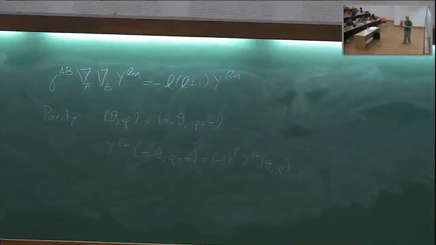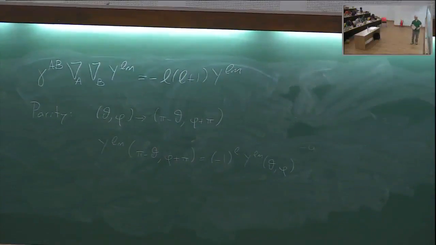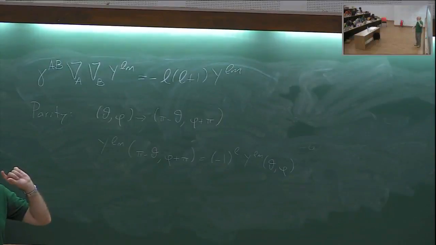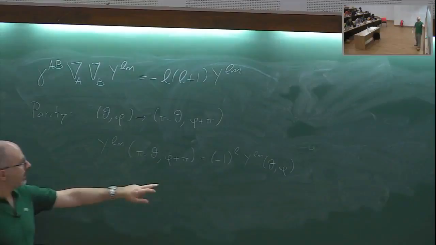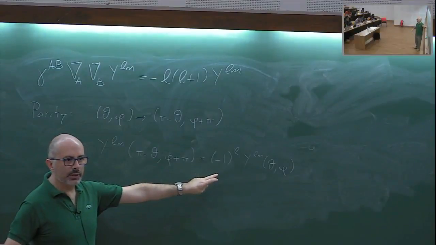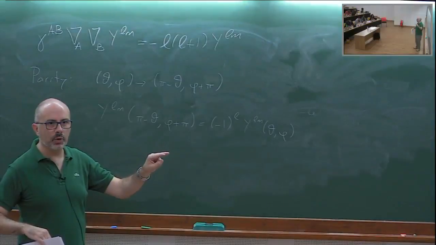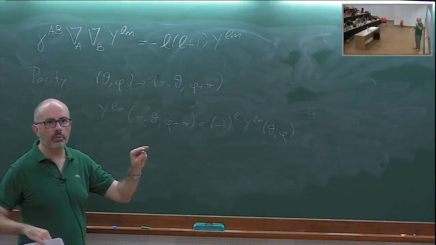Okay? So whenever the spherical harmonics or their derived quantities transform like minus 1 to the L under an inversion of the axis, I will call a given quantity even or polar.